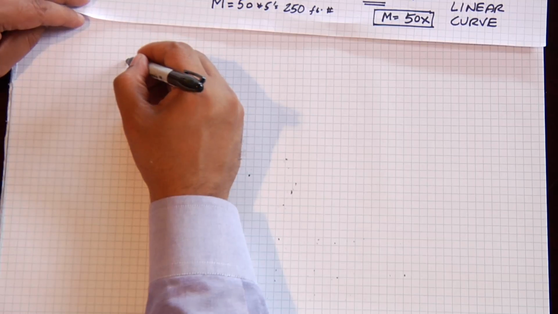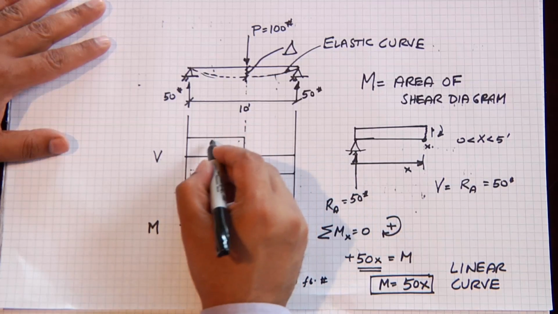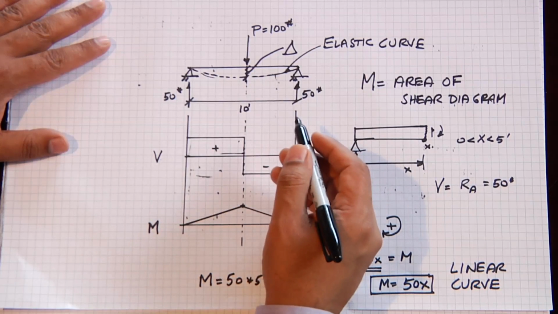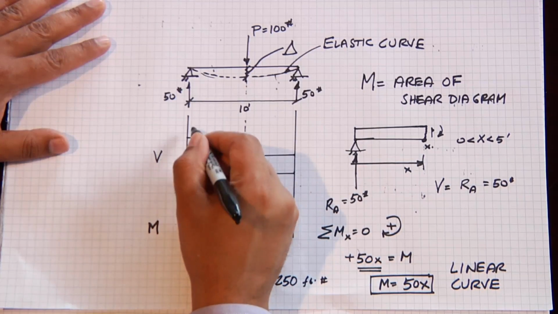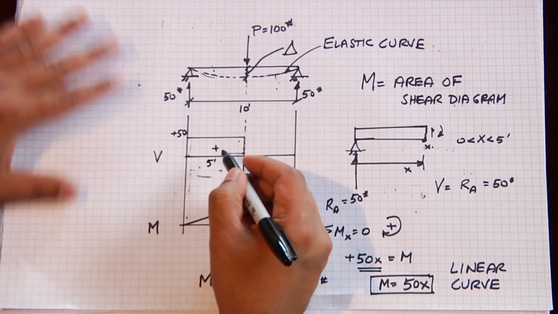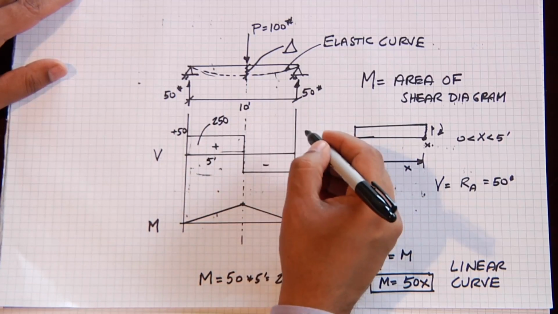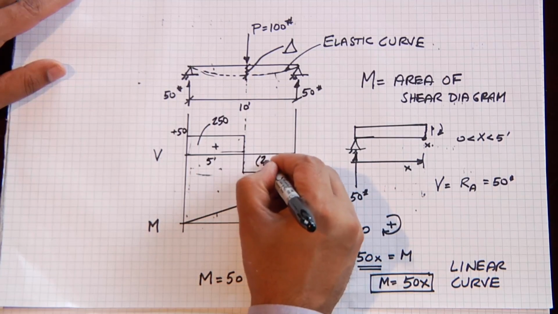If I take the moment, well, let's go back to this diagram. If I calculate the area under this rectangle, what's my area? This is plus 50, and this is 5 feet. So the area of this shear diagram is 250, and the area of this shear diagram is minus 250.